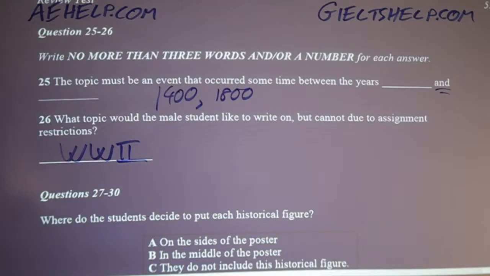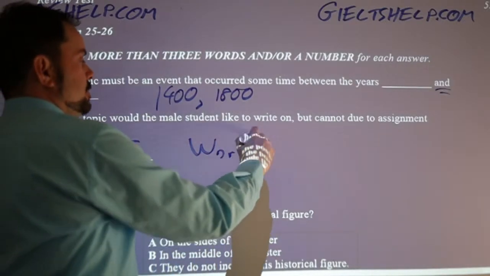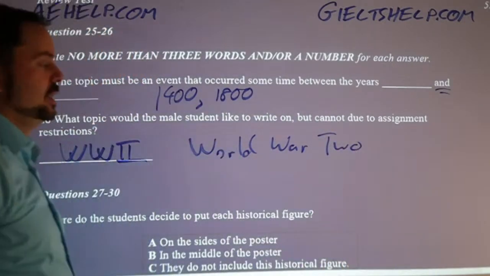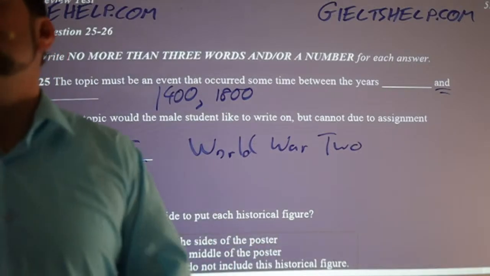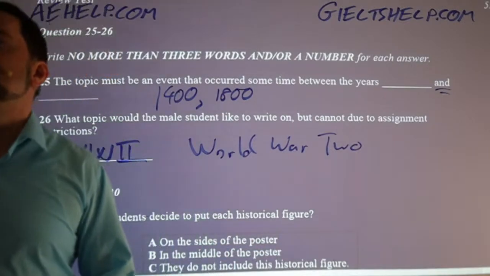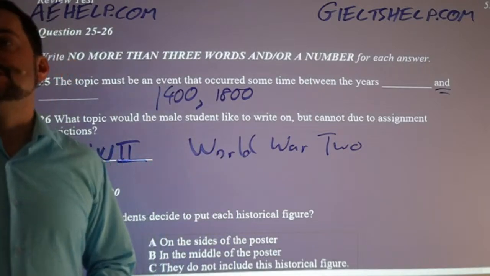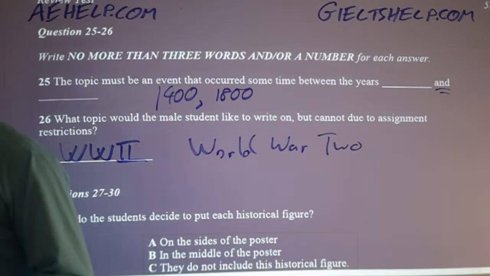So that's the easiest way. All right, if you want to write it out, you can write World War 2. You could do it like that as well. Or you could write Second World War as well. So there's lots of other ways. Harry, if you write World War II with small W's, you'll get it wrong. It's the name of a war, so you have to use capitals. So be really careful when it's a name.